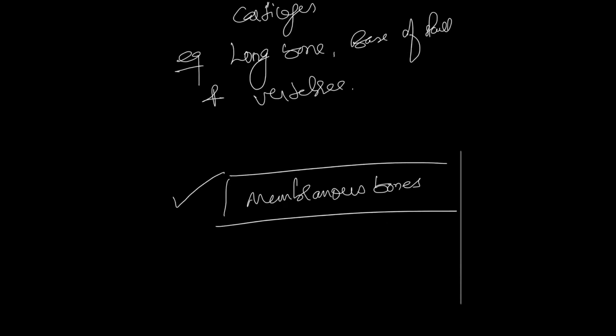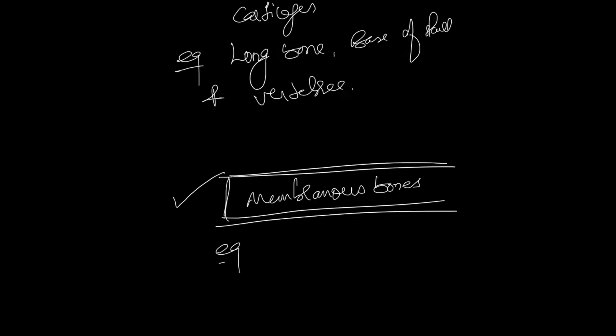Membranous bones are formed from membranes. We can derive that from the name itself. The examples are clavicle, maxilla, and skull vault.